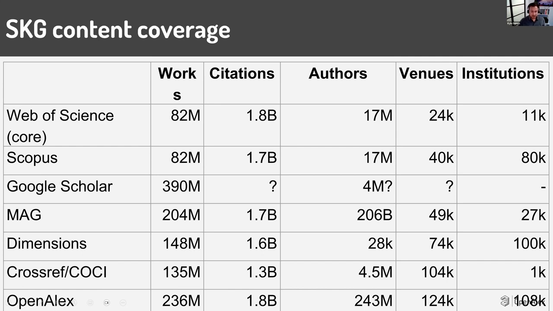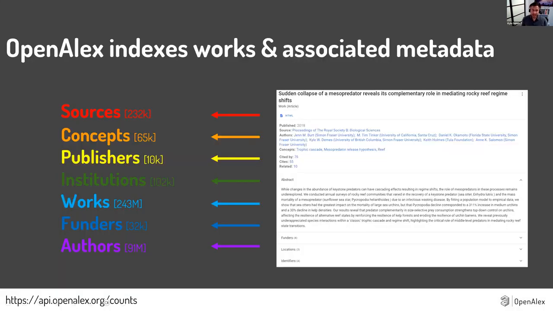Okay, and we get this information because every time a new work is found and indexed, we go through and extract the metadata associated with it, and then enhance it in some ways as well. So this is an example of one of my publications, and you can see the HTML of the article. It's open access, so you can read it there, where it's published, the authors, their affiliations, some concepts, sort of like subject area.